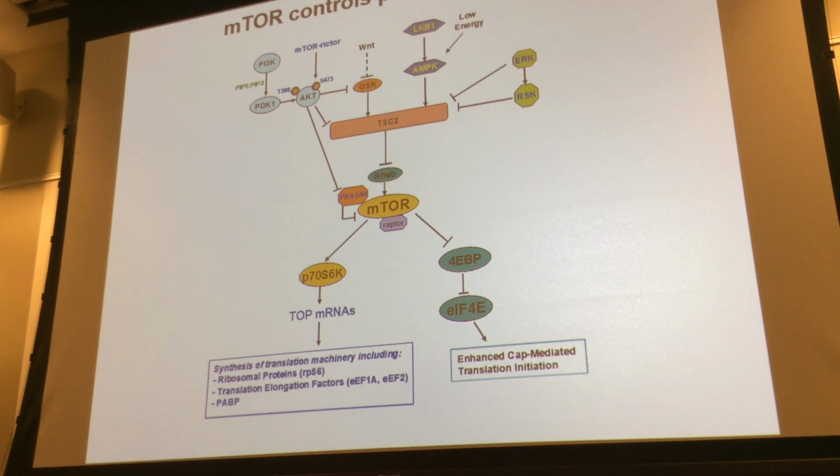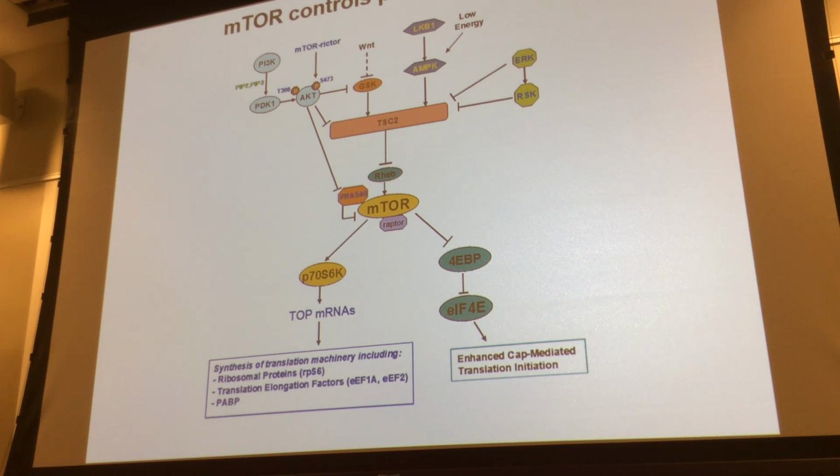Some of the nomenclature and terms here need to be updated, and I'm going to talk about that later. But in any case, I think everything here is still true, and it also highlights all the key components of the mTOR signaling.